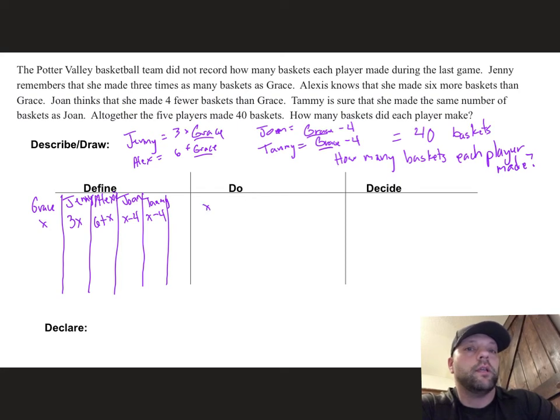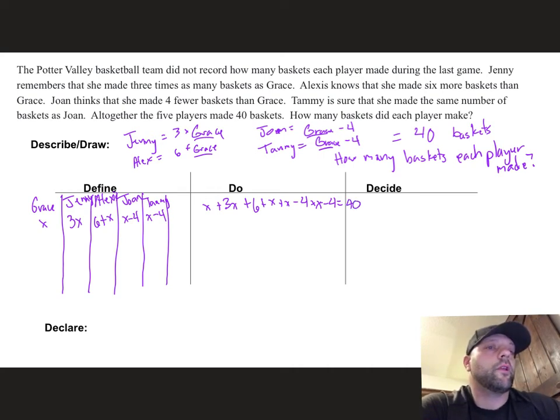So here's where I could just do my guess and check method, put a value in for x, but I'm going to solve it algebraically, and I'm going to think of my algebra tiles when I was doing the perimeter, and combining all of those. So then that's going to equal 40.